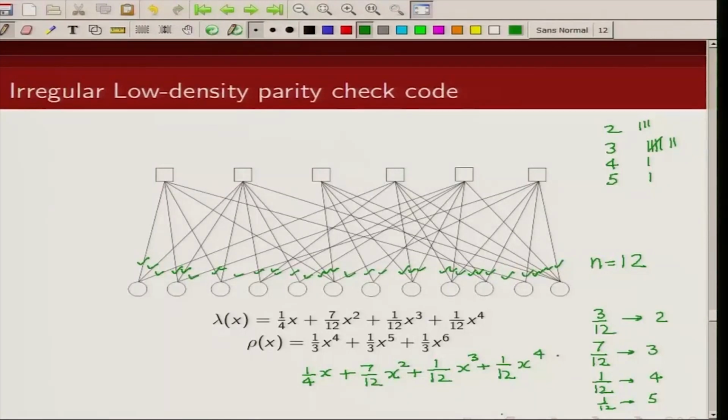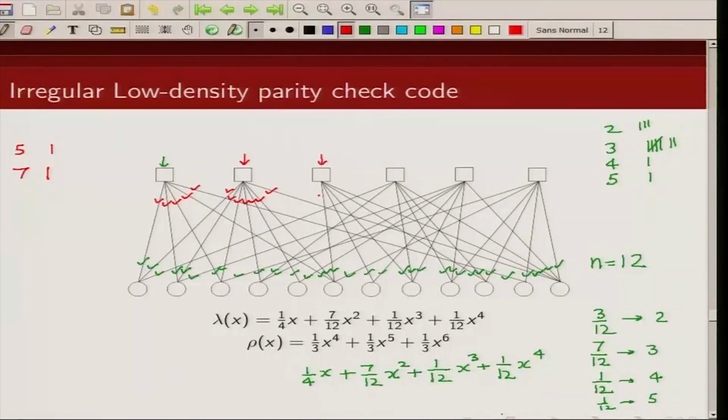Similarly, we can find the row distribution. Let us look at parity check constraints. So, let us look at this parity check constraint. Here 1, 2, 3, 4, 5. So, there are 5 nodes which are participating in this. What about this one? 1, 2, 3, 4, 5, 6, 7. So, there are 7 bits which are participating in this.